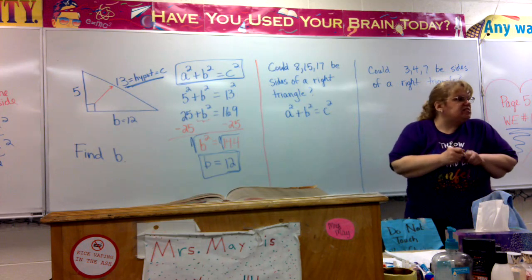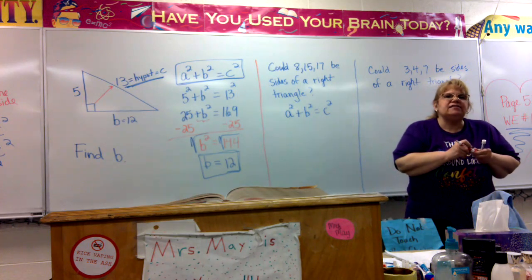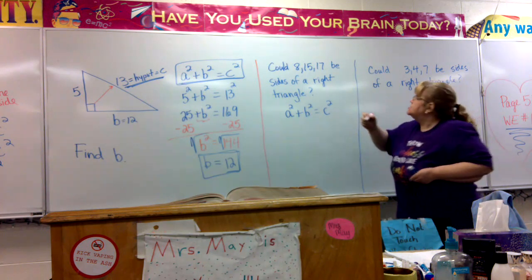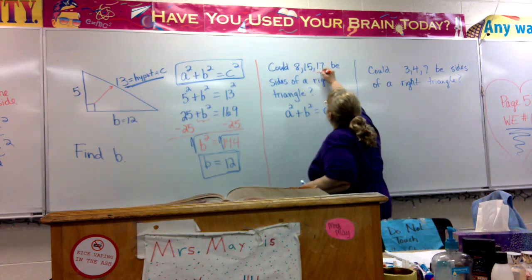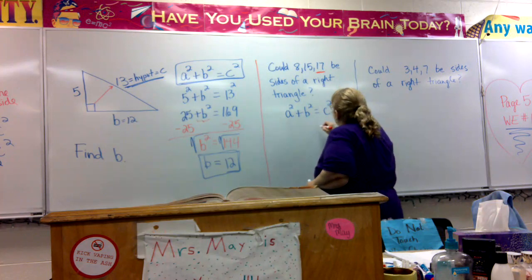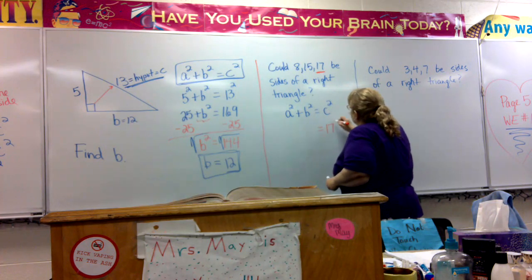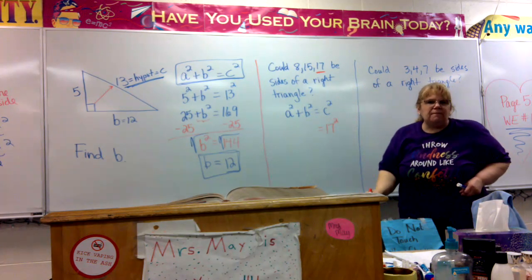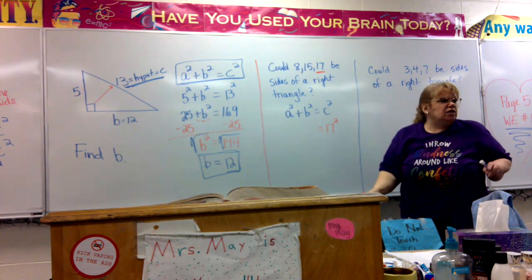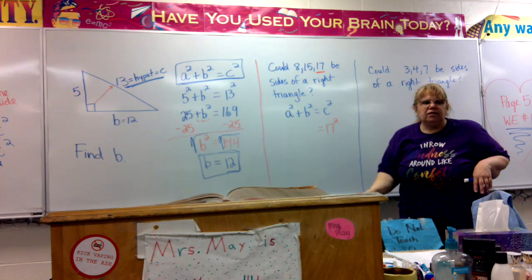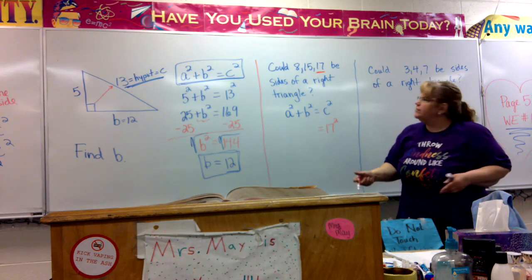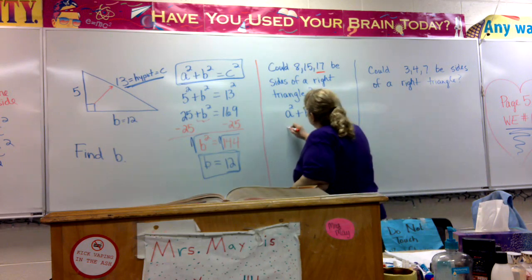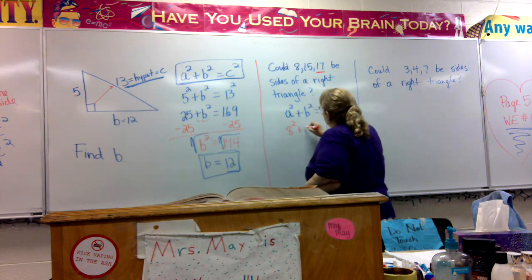Is that right? Yes. Remember, the C always has to be the longest side. So 17 squared. The other 2 don't really matter where you put them. You're going to add them together. 2 plus 3, 3 plus 2, you get the same thing.